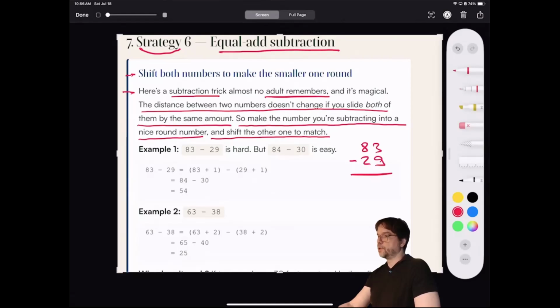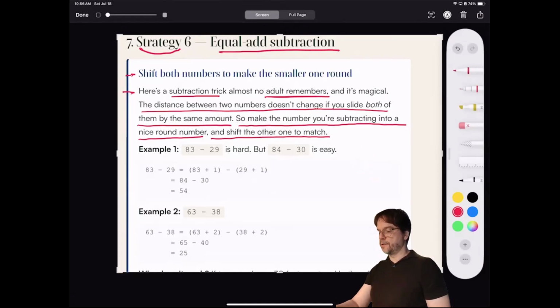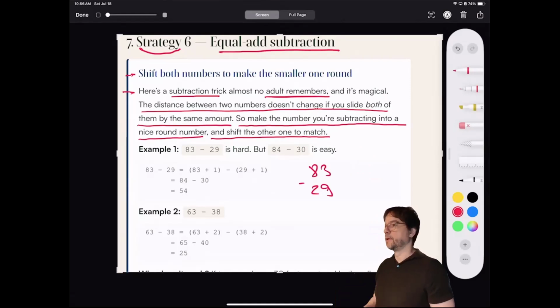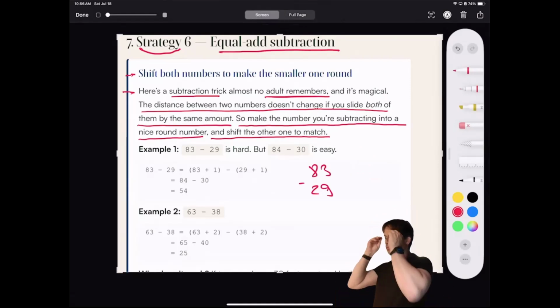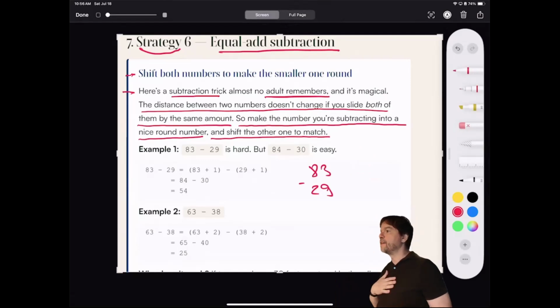Perfect. Good. But you see how long you took? So pay attention to what I'm going to do. It's very interesting. 83, 29. How old are you? I'm 57.